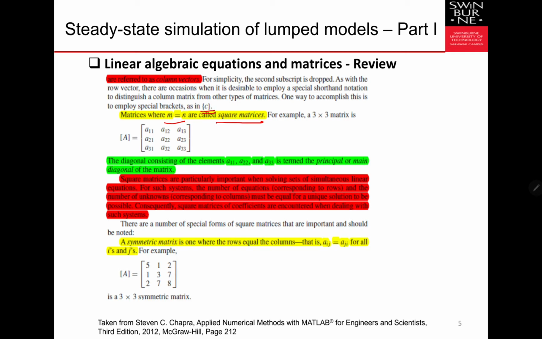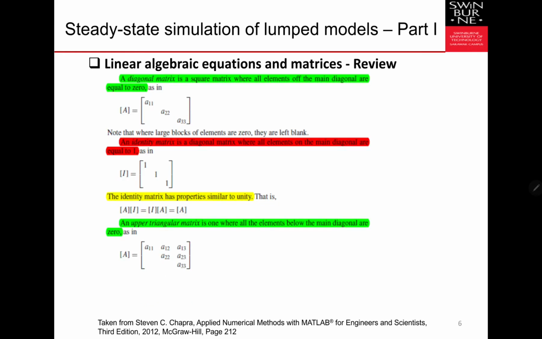We have another matrix called a symmetric matrix, where the rows equal the columns. So for example, 1 equals 1, 2 equals 2, 7 equals 7. That is what is defined as a symmetric matrix. This is along the diagonal sections, so 1, then 2, 2, 7, and 7.